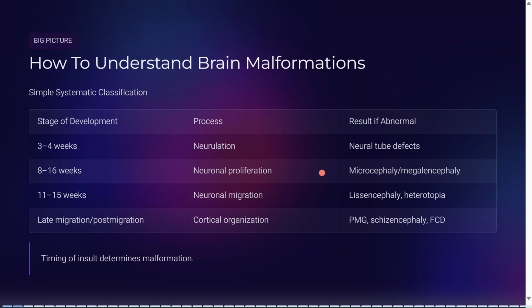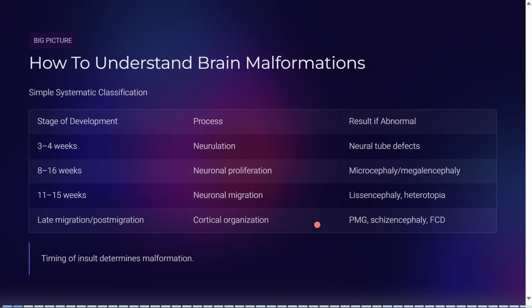And lastly, after 15 weeks, there is late migration or post-migration, and during that time cortical organization is occurring, and disruption at that time will produce polymicrogyria, Lissencephaly, and focal cortical dysplasias. The key thing we need to understand is that the timing of the insult determines the malformation.